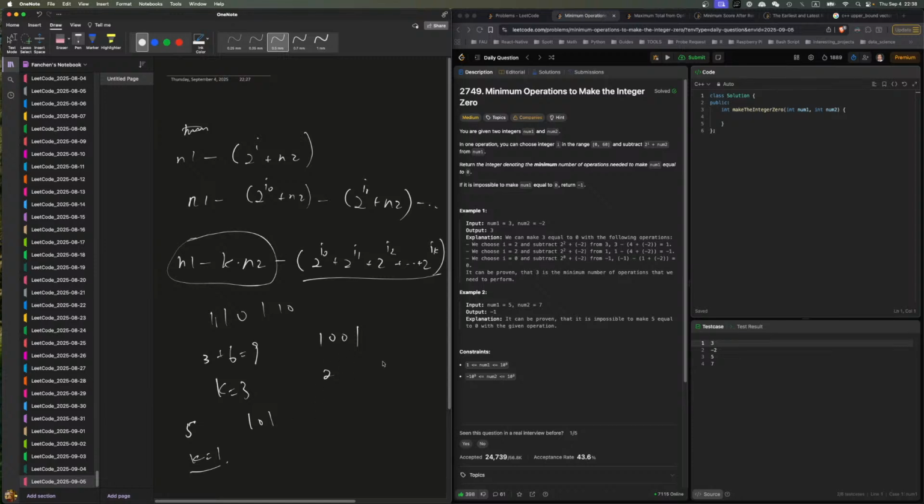If the number is not larger than k, then it's just not possible. So we have the number, we have this, and we can always break it down into some stuff. And you can always do 1.